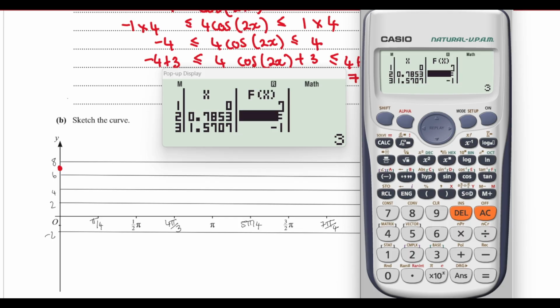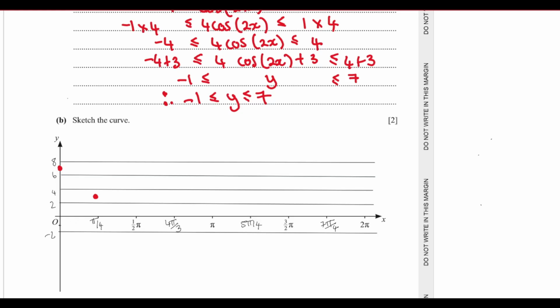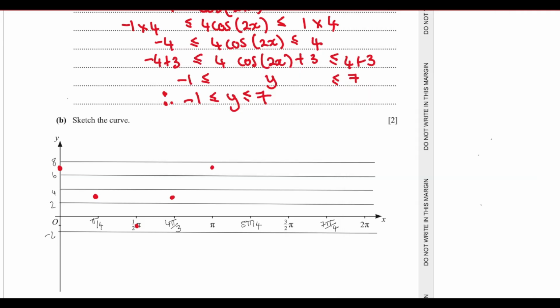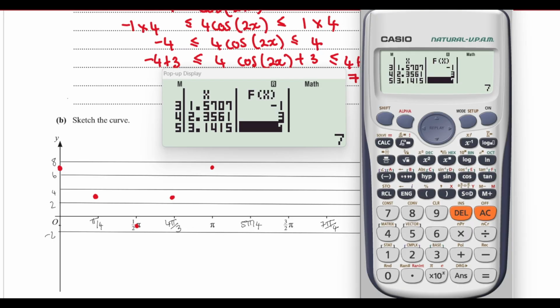So when we have pi over 4 for x, the curve is at 3. 3 is somewhere between 2 and 4. The next one is for pi over 2, it's at -1, so somewhere down there. Then we have 3. Then we have 7 when it equals pi. So up there you can already see the shape of the curve.